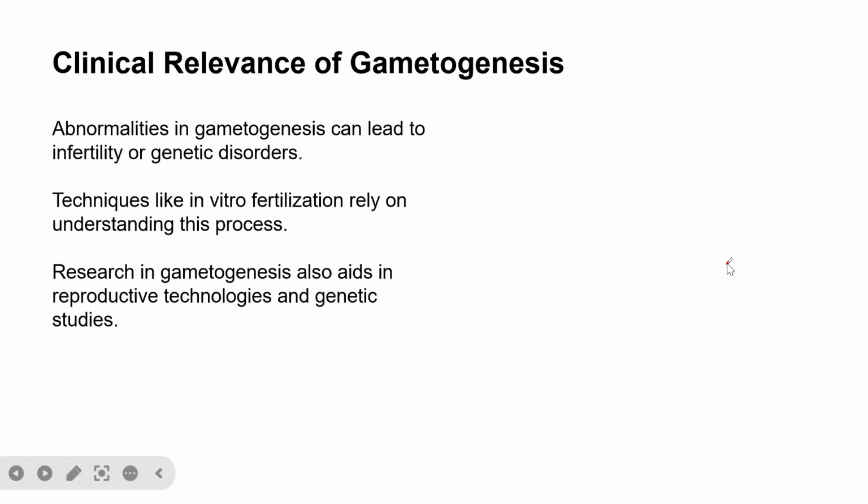So you can get the sperm and the egg cells and then fertilize them in a test tube or in glass. That is what you call in vitro fertilization. You fertilize sperm and egg cells in a test tube or glass. Research in gametogenesis also aids in reproductive technologies and genetic studies.